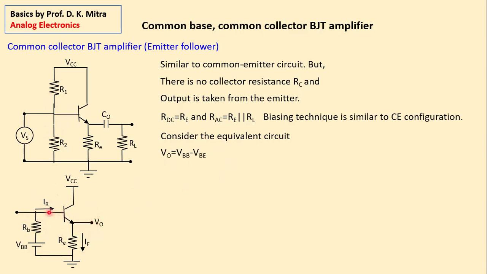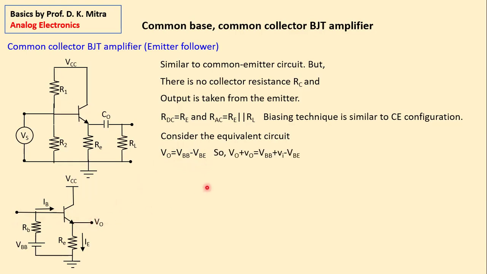VO is equal to VBB minus VBE, the junction voltage. So this is the DC condition, DC voltage VO. Suppose you have VBB bias voltage 5 volt, and this is 0.7 volt, so this will be 4.3 volt. You cannot avoid this, it will be like that.